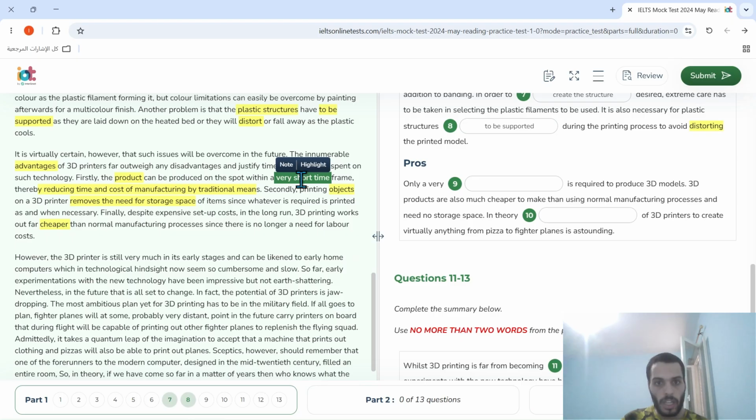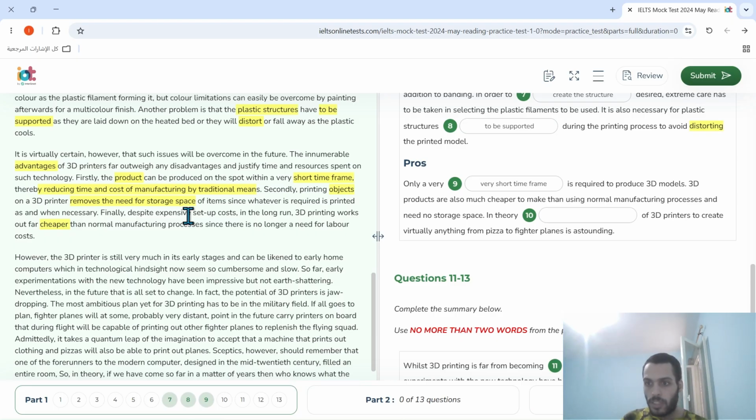Products are also much cheaper than the usual brand and need no storage space.